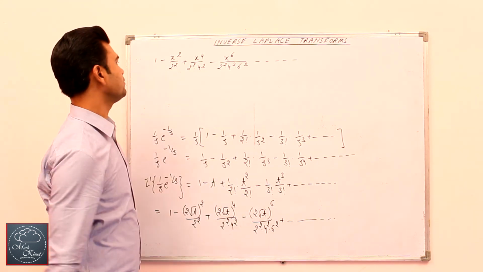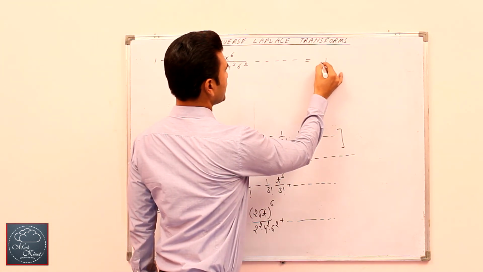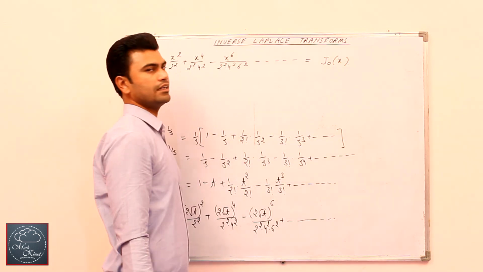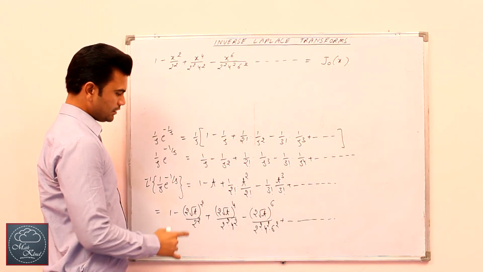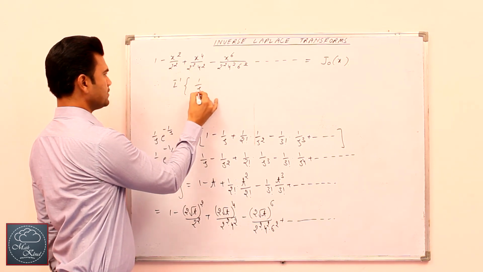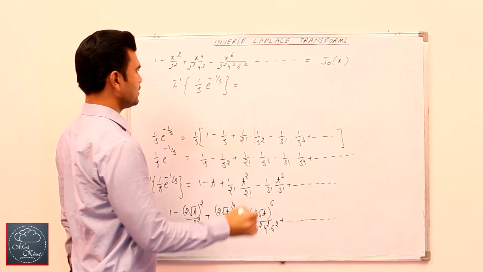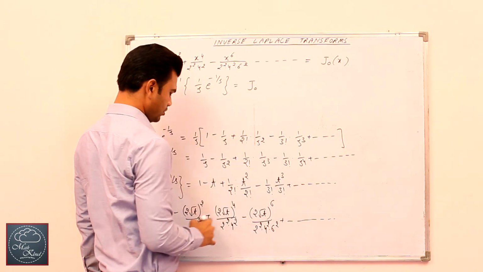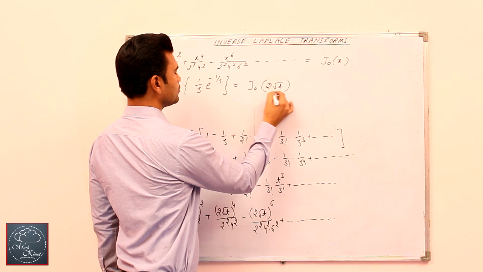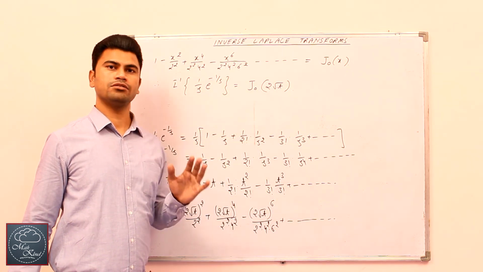So it is recognizable, and it is nothing but the series of the Bessel function of order 0. So it is J naught x. So therefore this inverse Laplace transform of 1 by s into e to the power minus 1 by s is nothing but J naught of, instead of x, we have 2 root t. So this is the inverse Laplace transform of your given function.